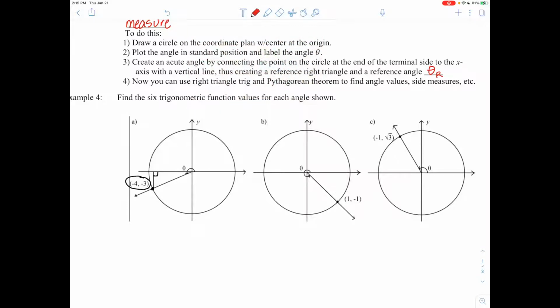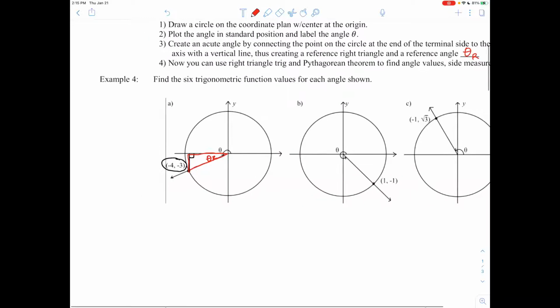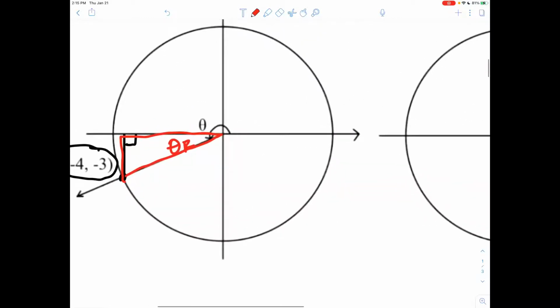Now your reference angles, this is the thing that's hard for everybody, are created at the vertex, so at the origin. So the reference angle inside this little right triangle has to be passing through the origin of that triangle.